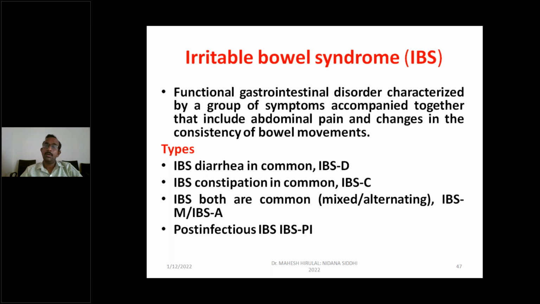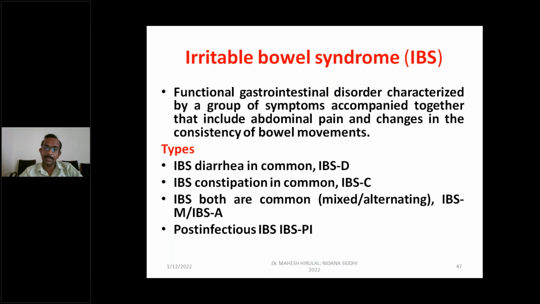In IBS, most of the time the patient will exhibit the Manavasrotas, Annavasrotas, Purushasrotas. All the srotas are seen here in the IBS. See, IBS is a functional gastrointestinal disorder characterized by a group of symptoms where the person sometimes will be having diarrhea, sometimes constipation, sometimes alternating, sometimes mixed. All these lakshanas are seen in IBS.